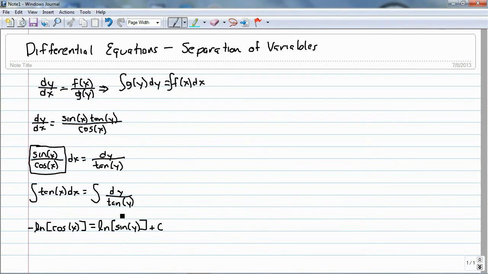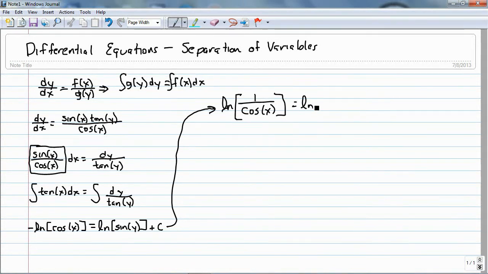So I can change this to the natural log of 1 over cosine x is equal to the natural log of the sine of y plus c.